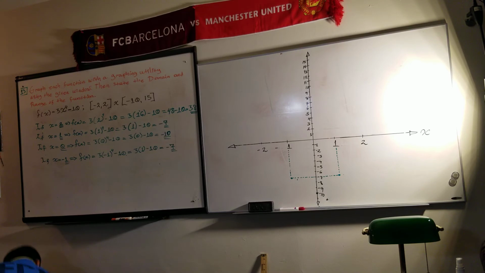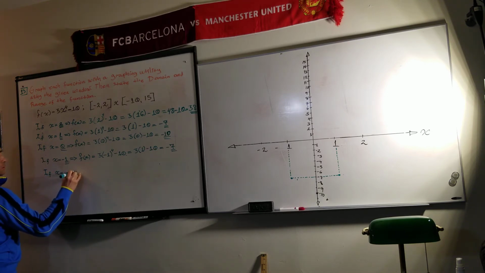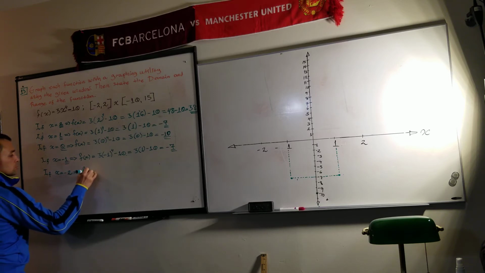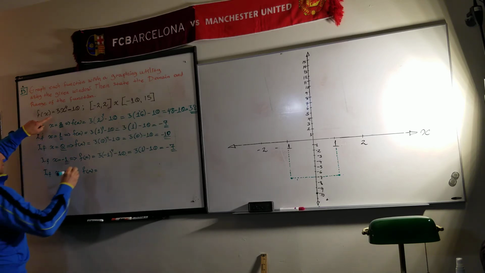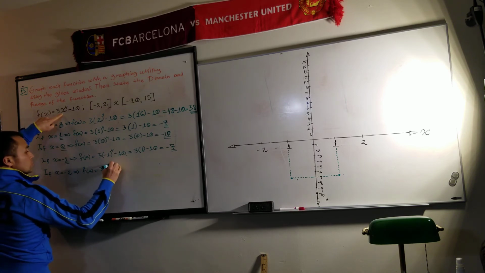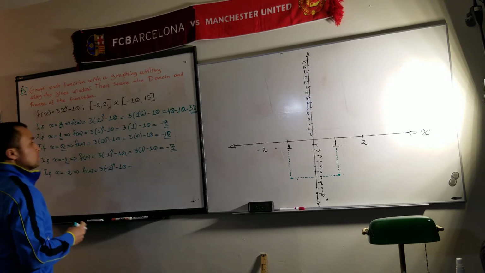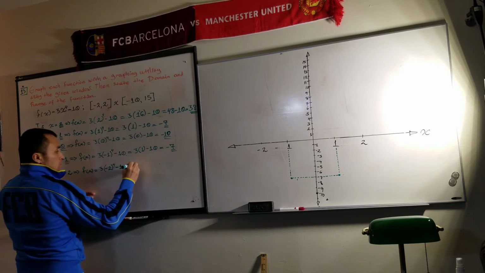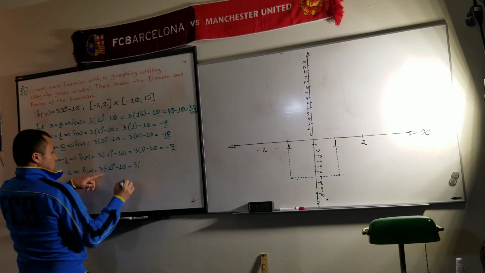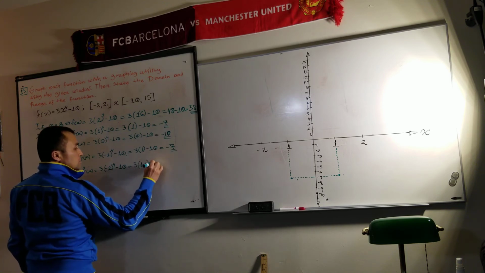Let's see what happens if x is equal to minus 2. Then we have that the function f of x is going to be equal to 3 times (-2) to the 4 minus 10. This is going to be equal to 3 times (-2) to the 4, that is 16, minus 10.